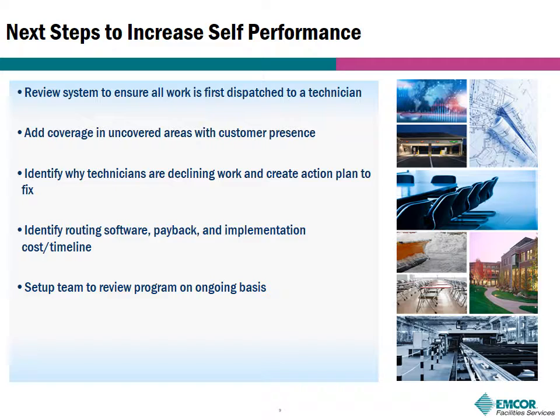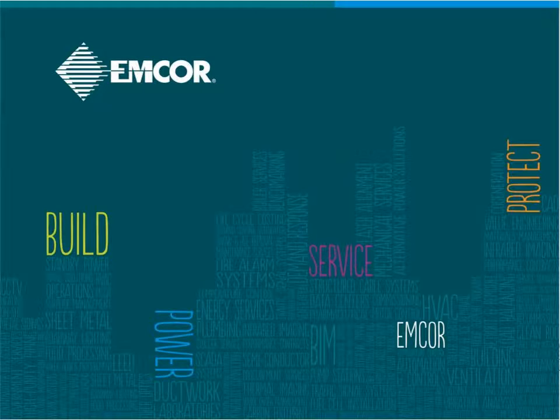Is it because they don't have the proper training, or has their workload in that area increased so that it may make sense to add additional technicians and create action plans? Next would be to identify routing software, the payback, implementation cost, and timeline, to make sure that technicians are routed as efficiently as possible. And then lastly, set up a team to review this program on an ongoing basis.